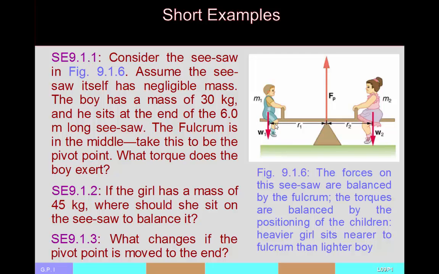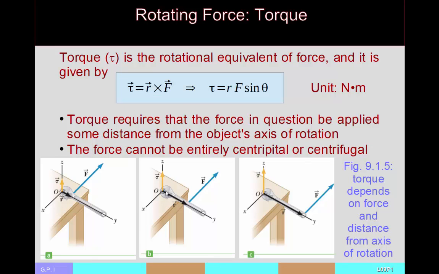So if you started from this pivot point and went to the buoy, you'd be pointing the fingers of your right hand to your left. Then you bend your fingers until they point in the direction that the force is acting in, so down. And the direction that your thumb has to be pointing in order for that to work out is the direction that the torque is said to act in. And so that's why in these diagrams you see a torque that's pointing upward, even though this wrench is going to be spinning in the counterclockwise direction.